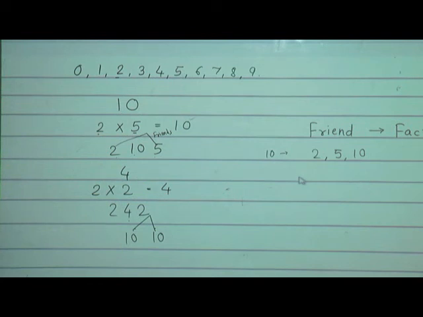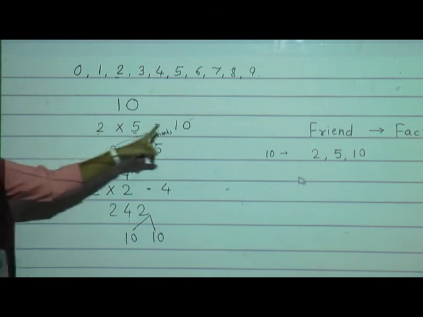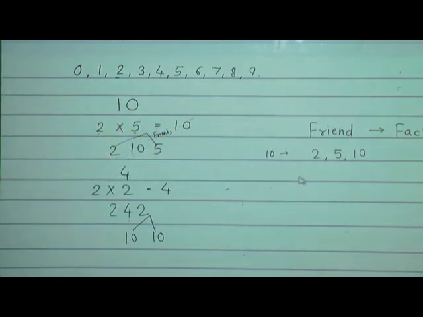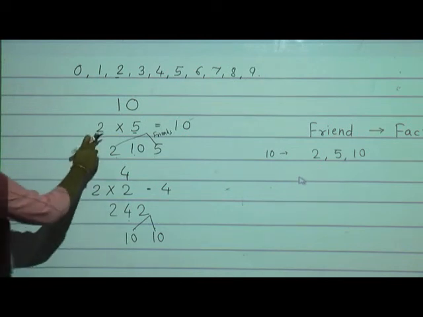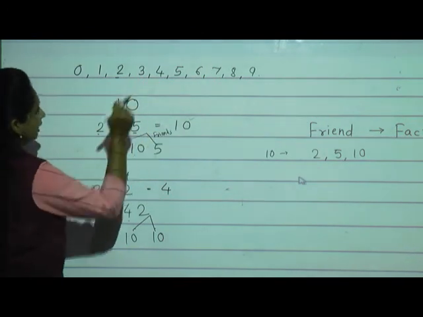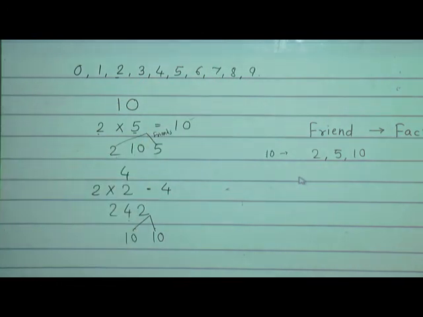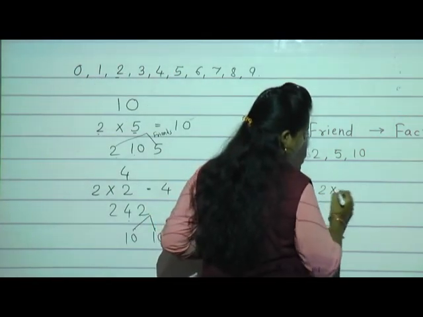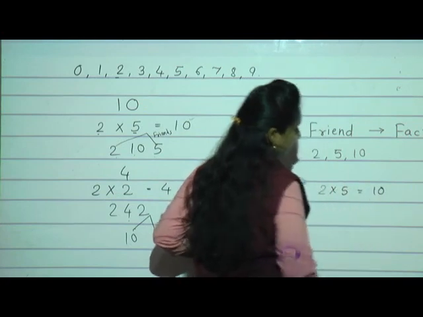Now what is meant by a factor? A factor is a number which you multiply with another number to get the desired number. Now see here, 2 multiplied by 5 is 10, isn't it?